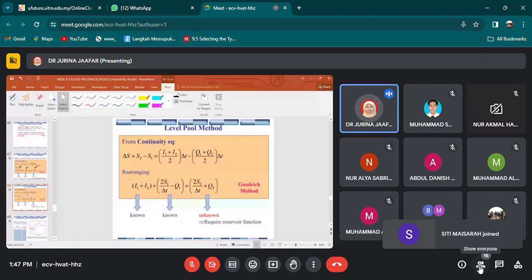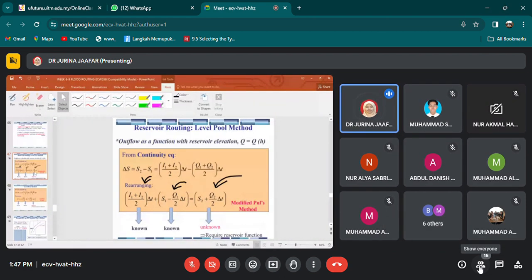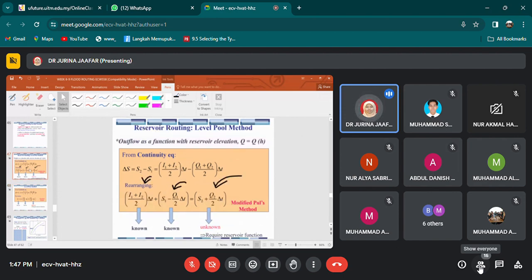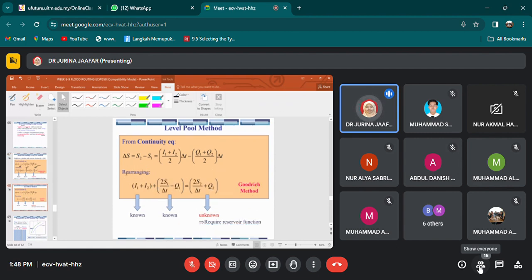So kalau tadi tengok balik, yang ni S1 tolak Q1, right? So kalau tengok kat sini 2 kali S1 divided by delta T tolak Q1. So somehow dia ubah the over 2 per 2 tu je lah. Dia letak S1 yang Goodrich ni S1 divided by delta T tolak Q1.